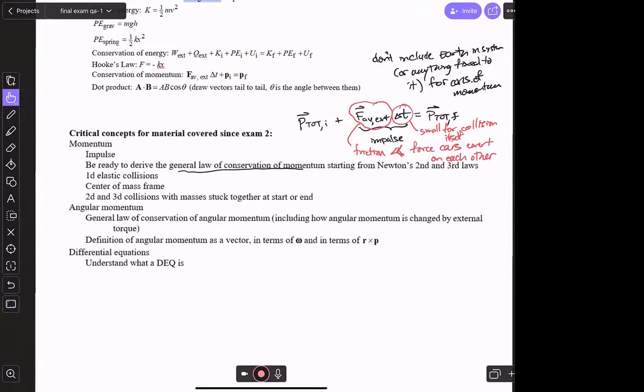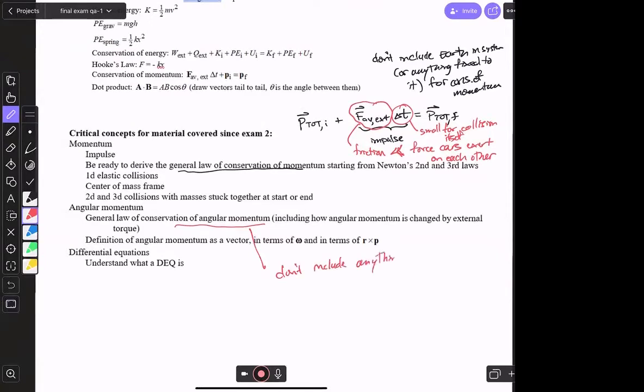A similar rule of thumb applies when you're talking about angular momentum. I didn't get that far down on the list, but in that case, you also don't want to include anything that is fixed and can't rotate as part of your system.